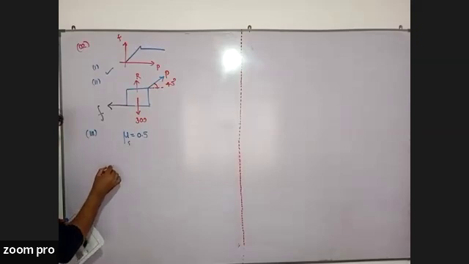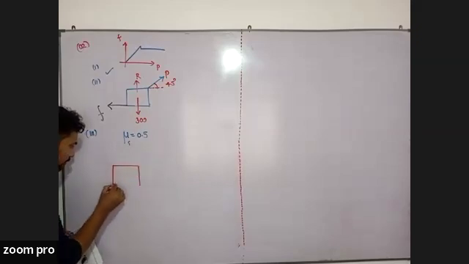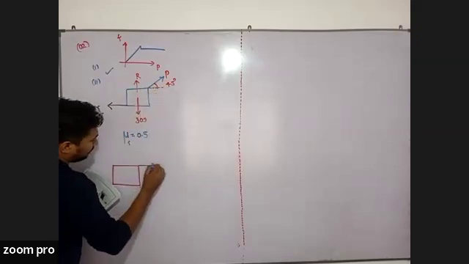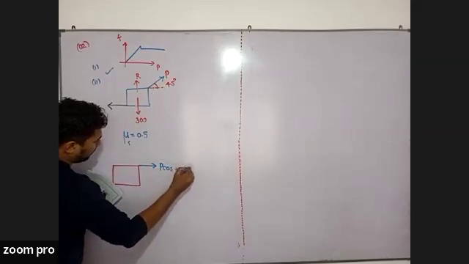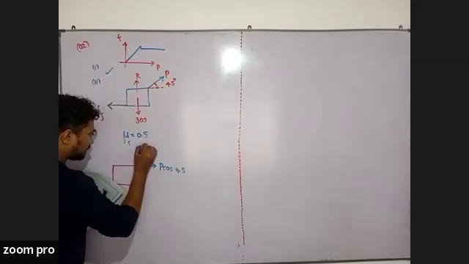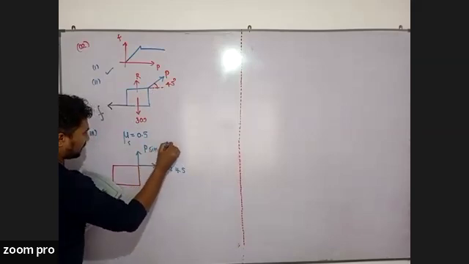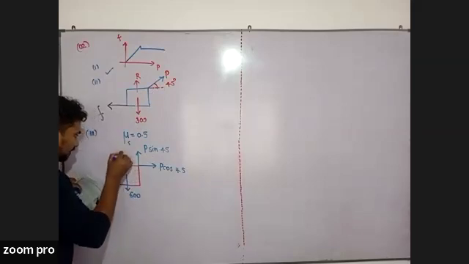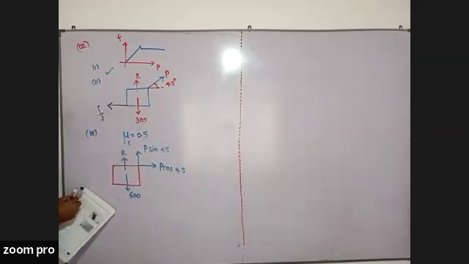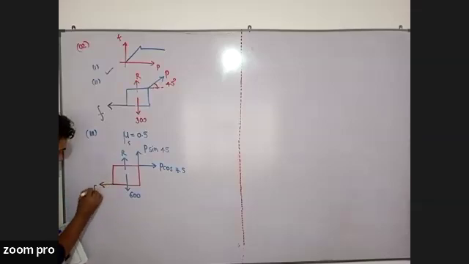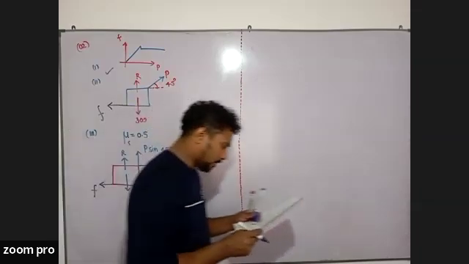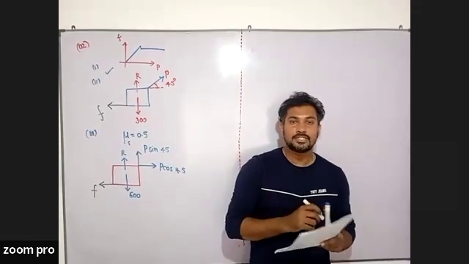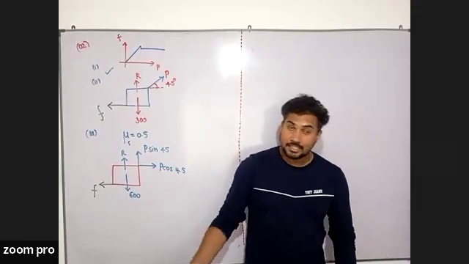So if I resolve these forces, I can resolve this P into the horizontal as P cos 45. In the upward direction, it can be considered as P sin 45. This should be 300. This one, the R. However, we have to assume that this box is in a static state, or that this box is in an equilibrium state.